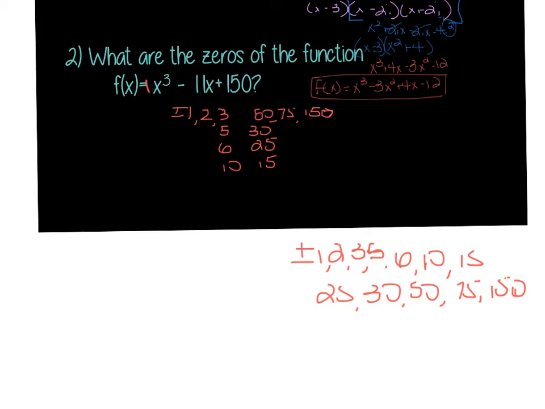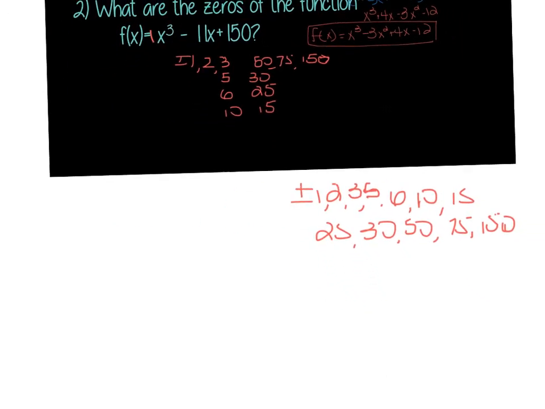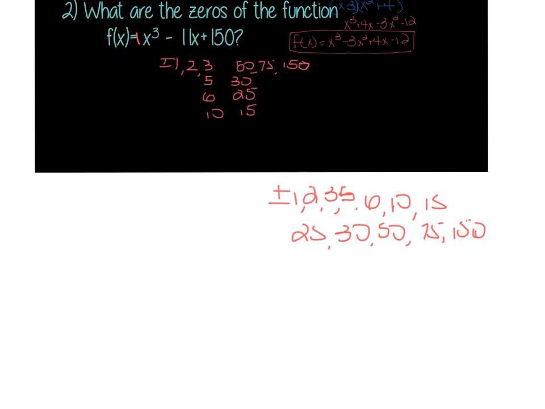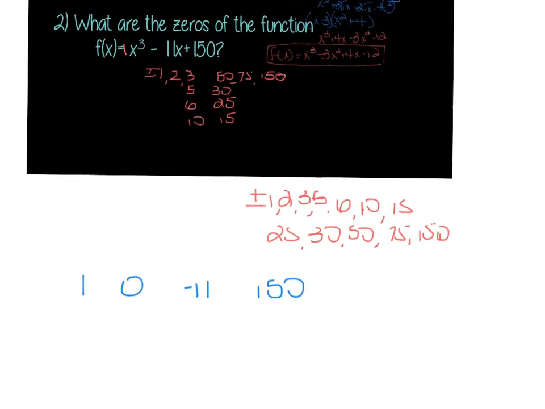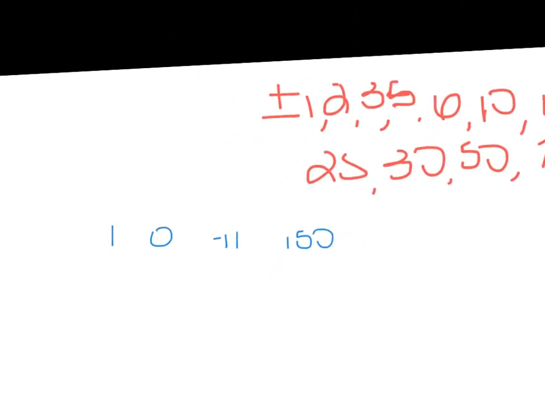And then I'm going to use synthetic division to see which of those work. So I get 1. I don't have an x squared term, so 1, 0, negative 11, and 150 are my coefficients. And I'd start with 1.